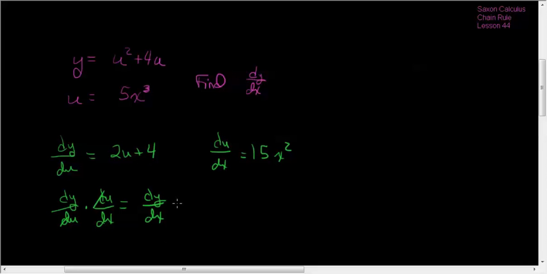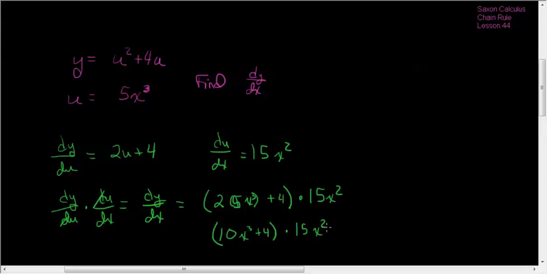So dy/dx is equal to, what's dy/du? 2 times whatever u is, plus 4, times 15x squared. What was u? u was 5x cubed. There it is, 5x cubed. So simplify that out and I would get 2 times 5, 10x cubed plus 4, times 15x squared.